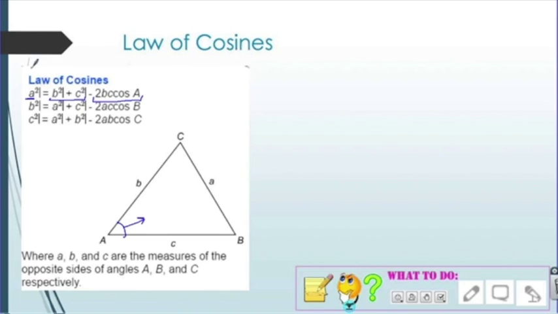The angle and the side pair that you're using go on the outsides, while the sides that you are not using go on the inside. Crazy, I know.